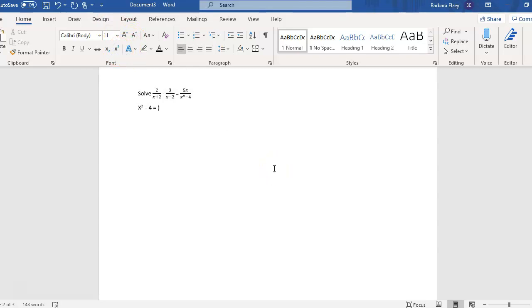And recall that we can factor this as a difference of squares. So we can take the square root of x squared as x, and the square root of 4 is 2, and one of them plus and one of them minus, and that factors as a difference of squares.